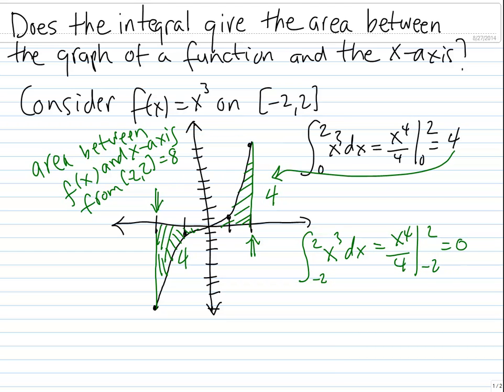So how do we reconcile the fact that we get an 8 here and we're getting a 0 here? Well, we have to talk about something called signed area.